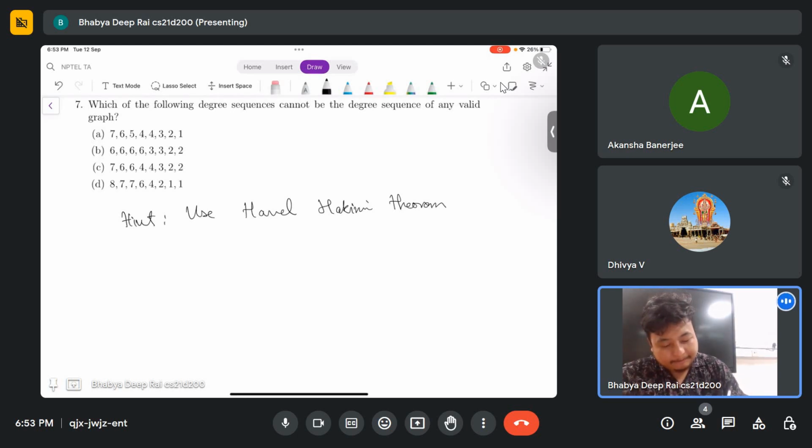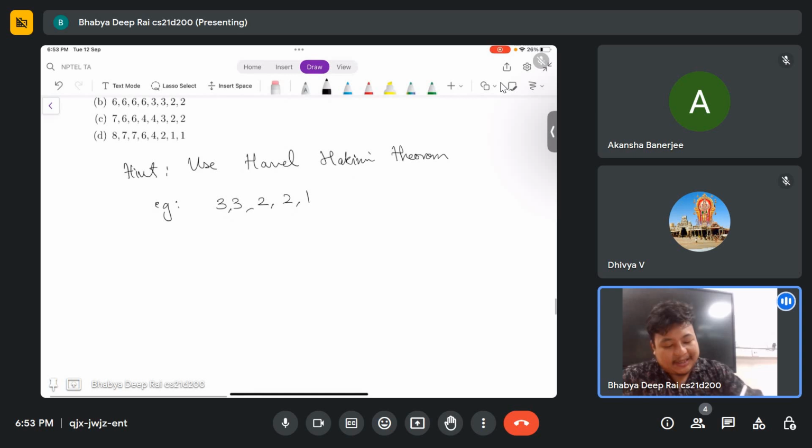How do we do that? Well, let's say I have a degree sequence as 3, 3, 2, 2, 1. Then what I do is, if there is a 3 here, I'll pick the next 3 elements and keep subtracting 1 from each.